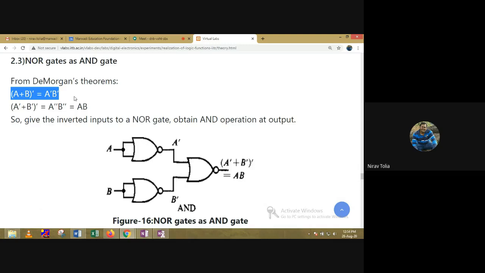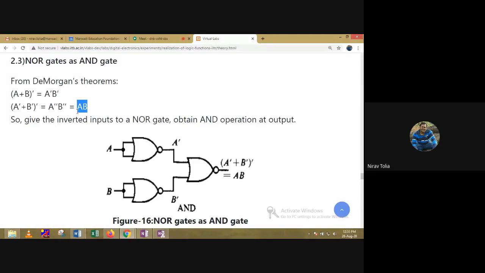Then my equation is A bar plus B bar whole bar, which becomes A double bar into B double bar. Again the double bar cancels out. So the final equation we have is A into B.